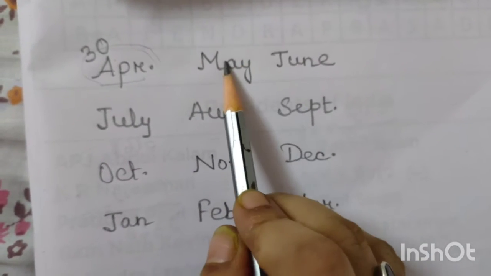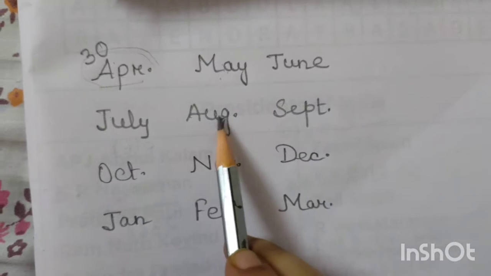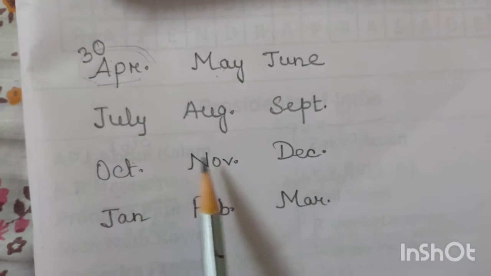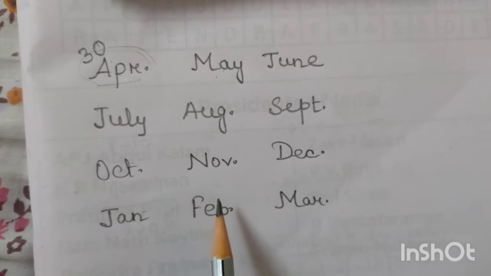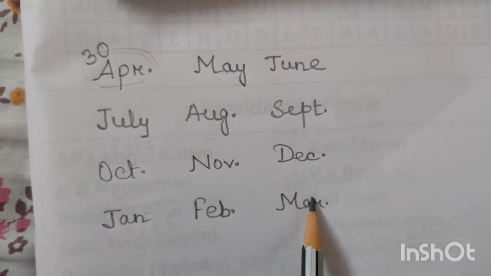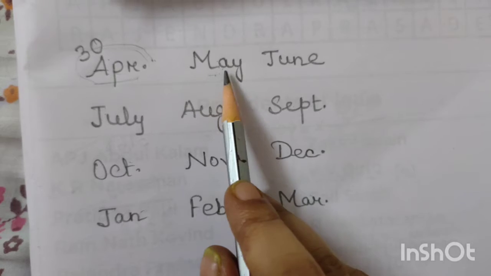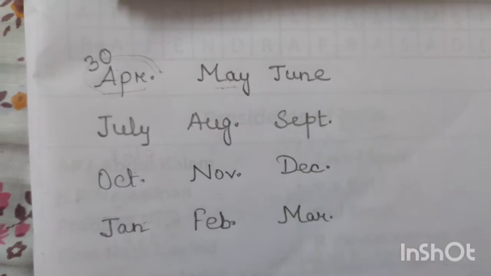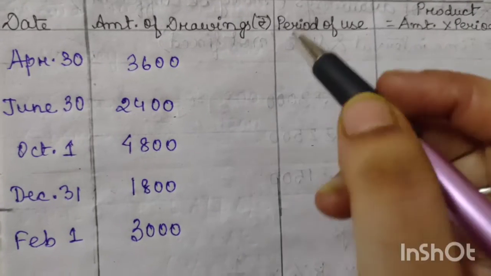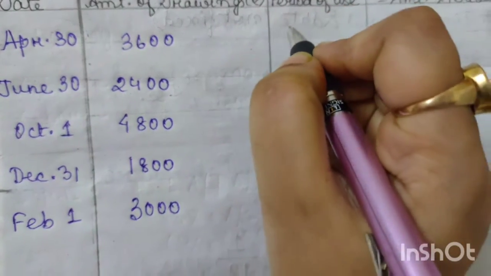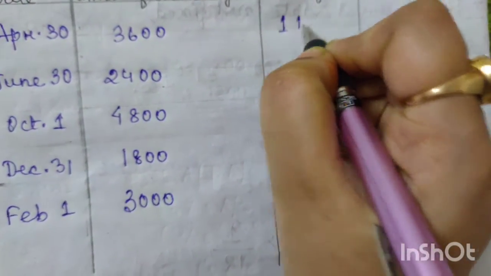So from May 1, 2, 3, 4, 5, 6, 7, 8, 9, 10, 11. So in case of first withdrawal, how many months will be there? It will be 11 months. So in period of use we will write 11.